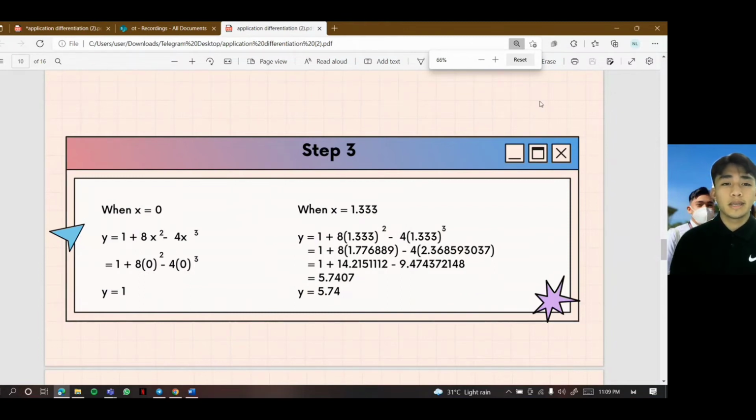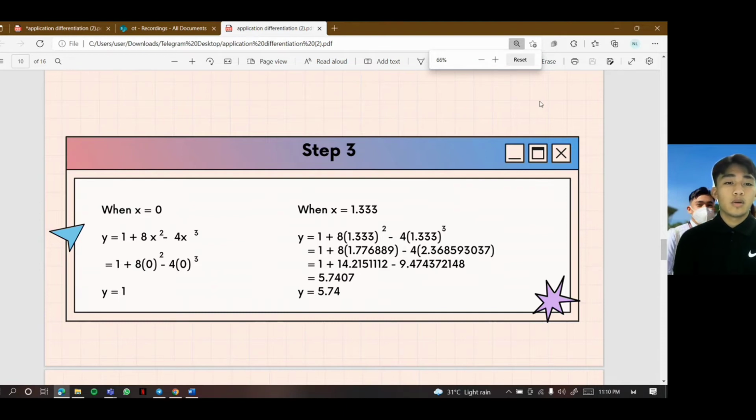Thank you, Virginia. Give me time to explain step 3. So in step 3, we want to find y. When x equals 0, y is equal to 1 + 8x squared minus 4x cubed.